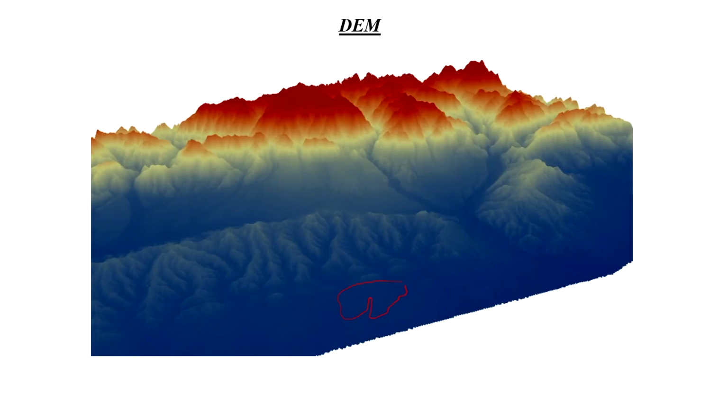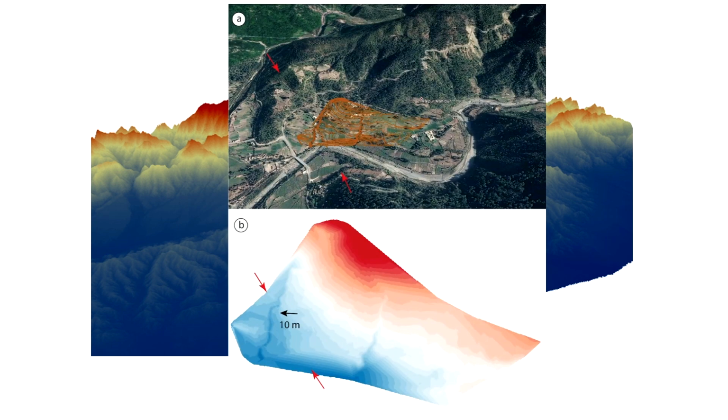So here there is another example of DEM. This is the DEM of SRTM data, but in 3 dimension. Here you can see the elevation is only coming from the bare earth. Here is another example of DEM. You can also generate DEM with the help of real time kinematics, the RTK.